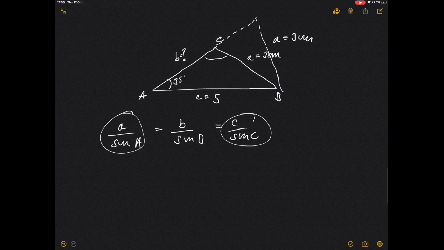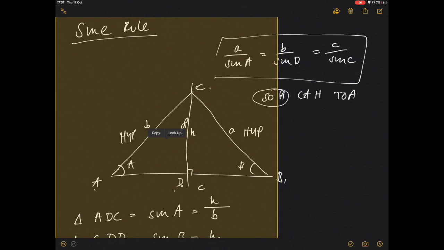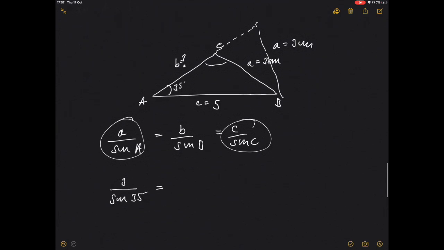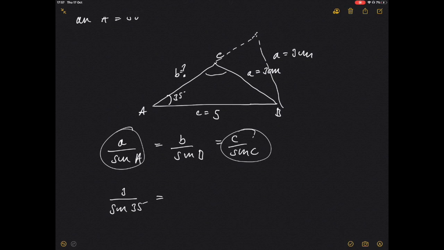So let's fill this in. 3 over sine 35 would equal little c, which is 5, over sine C, which is our question mark.